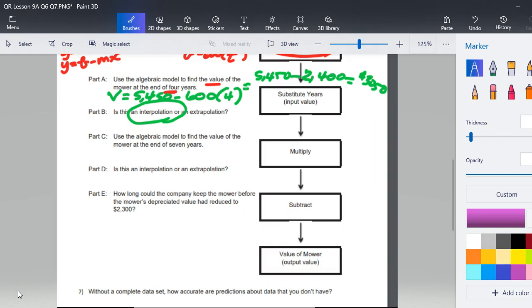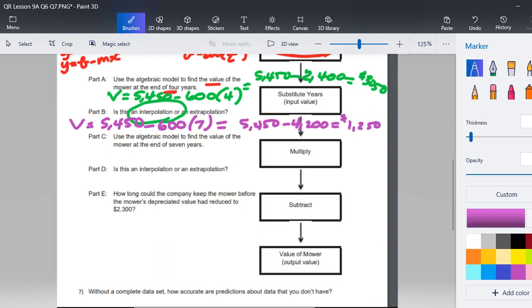If you have not already hit pause, this is a great time to hit pause and you calculate B, C, D, and E. The value, beginning with our $5,450 minus 600 times 7, again, I will punch in on my calculator 600, but call it negative, times 7, I get an equals, and so I'm looking at $5,450 minus $4,200, and I'm actually going to add in $5,450, and I'm looking at the number of $1,250.